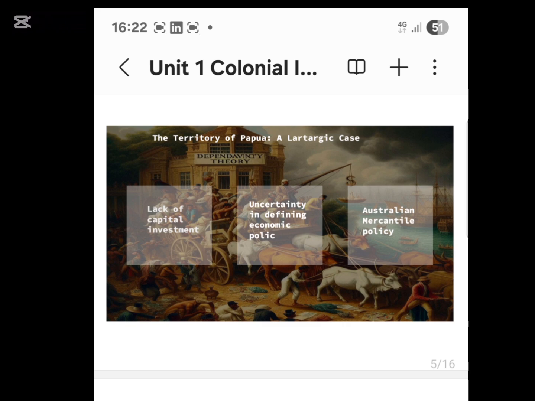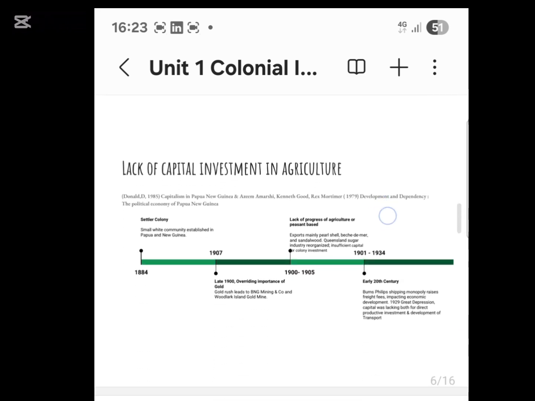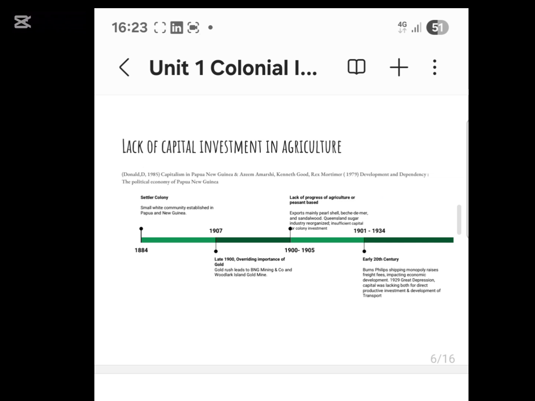Let's look at some examples here. You have about three or four dates. Around 1884, a small white settler community was established in both the territories of Papua and New Guinea.